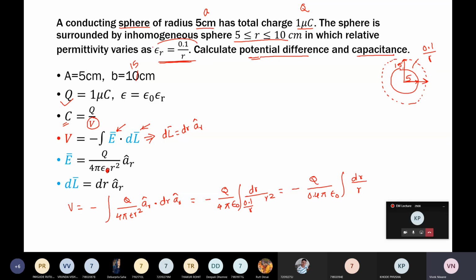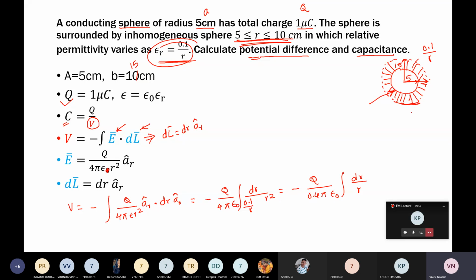This relative permittivity, in which region is it? It is in this region. We do have dielectric material in this region, do remember that, from 5 to 10. So r goes from 5 to 10. While putting the limits of the integral, we always go from outside to inside.